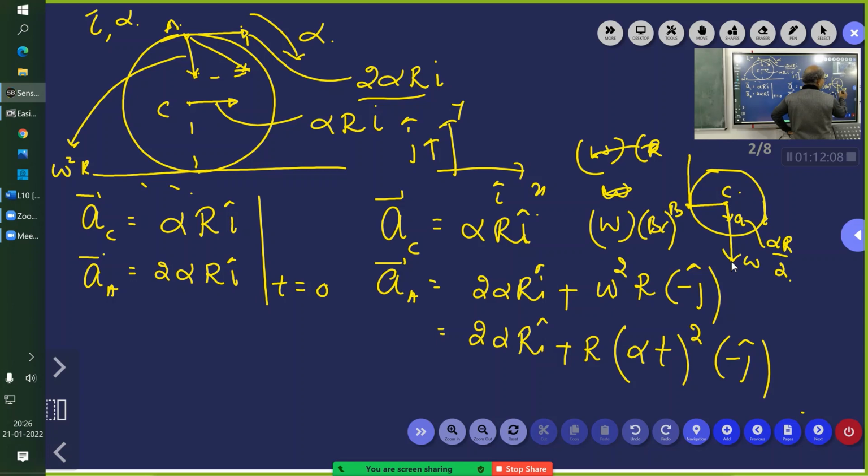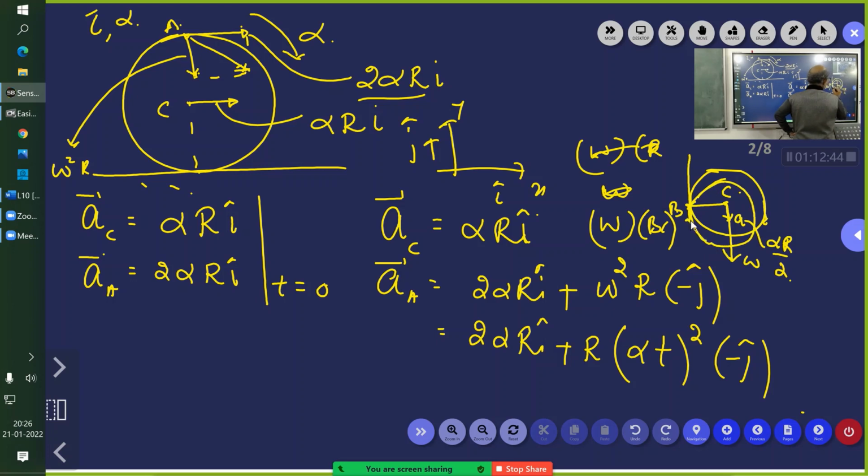And due to this weight, what is happening here? There is this acceleration, the acceleration component along that, and that will become translation acceleration. So therefore this point will come down. When this point comes down, the next point of the disk will be this, down here.